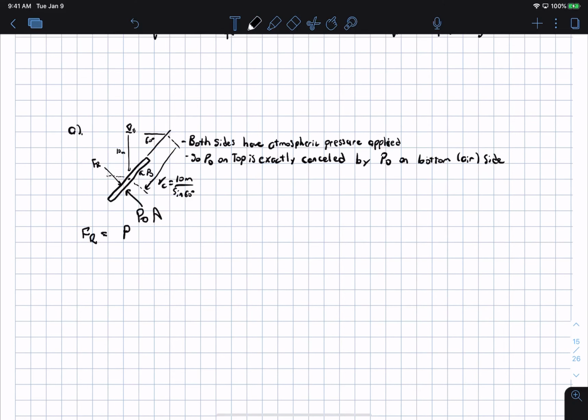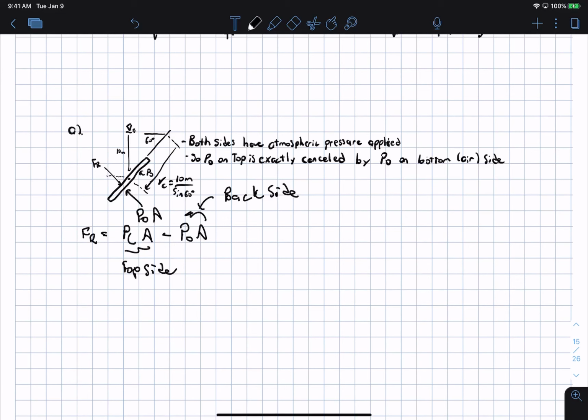The pressure at the centroid times the area gives the resultant force from the water pushing on the shaft. But we also have an atmospheric pressure load basically pushing from behind. So we need to subtract that out. So P naught times the area. So this would be the backside, and this would be the top side. And this term here is really the resultant force that we computed above.